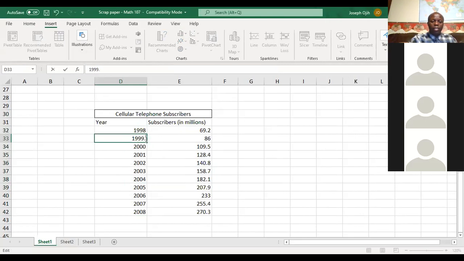A little trick I use with Excel, just a small little trick. Okay, let me try a little trick. It will give us what we want.